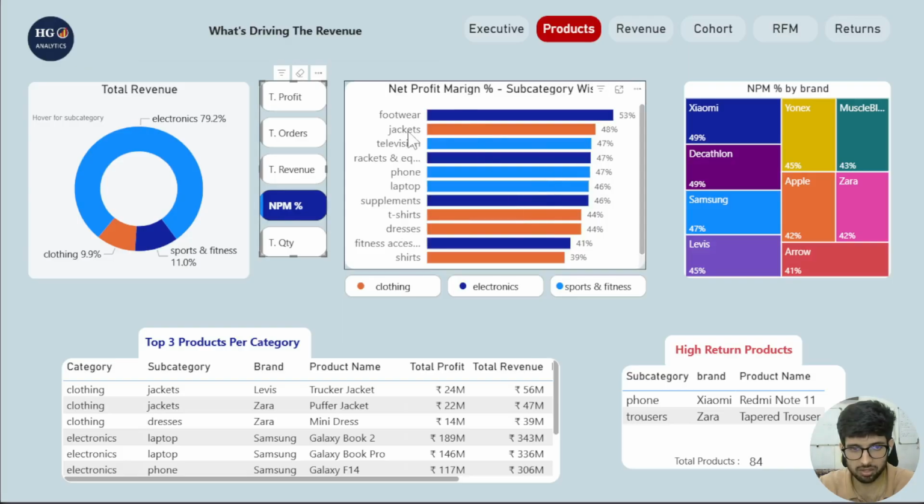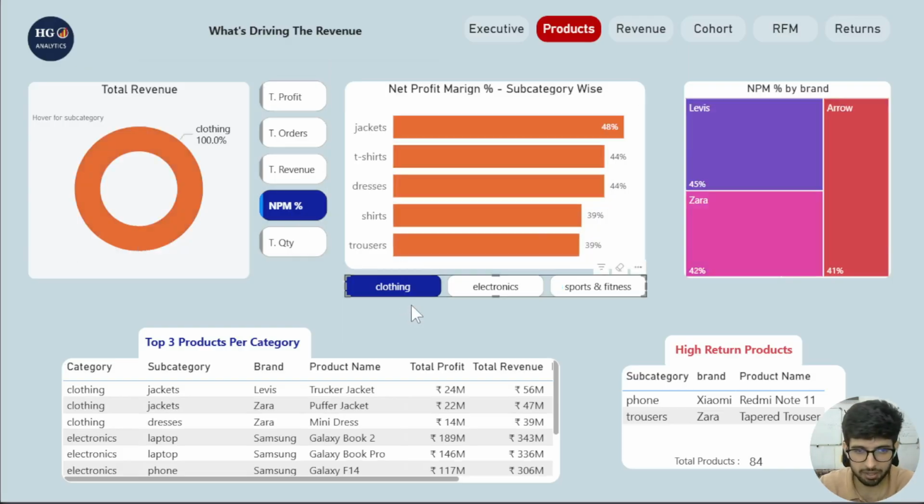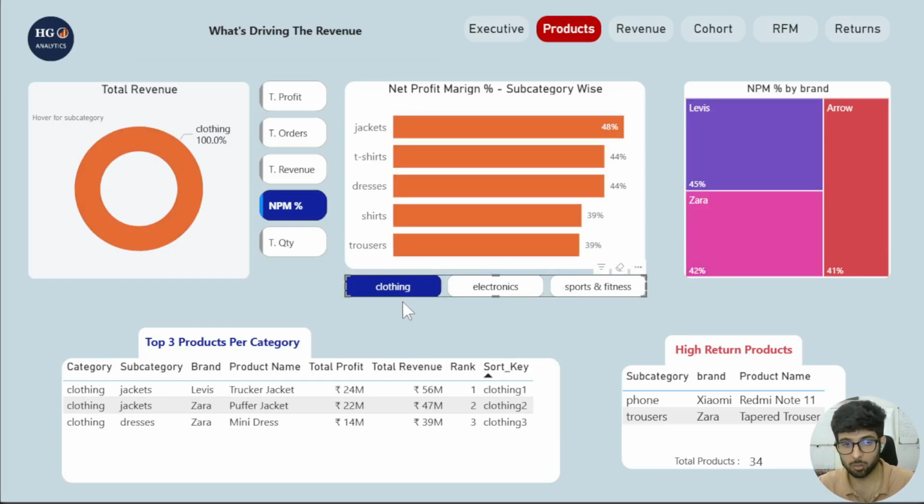This is all subcategory wise. If you want to go category and then subcategory, say in clothing, I want to see which has the highest profit margin, then you can see the jackets have that. And which brand, then you can see Levi's has that. This is the tree map that shows everything beautifully.